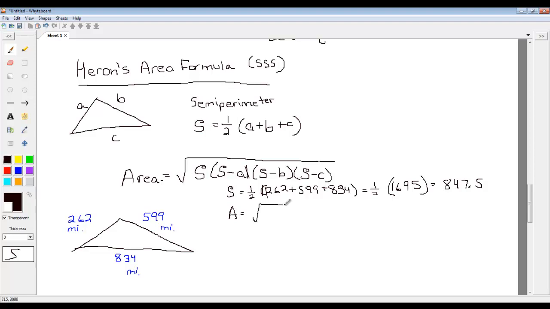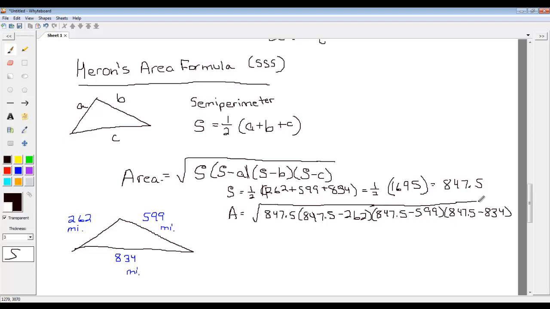Alright, so then if we're doing the area, we're going to take that 847.5 times 847.5 minus 262 times 847.5 minus 599 times 847.5 minus 834. All of that's underneath the square root sign.